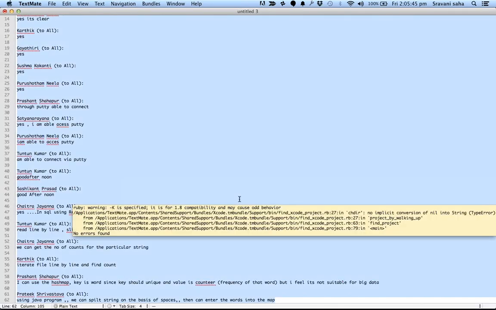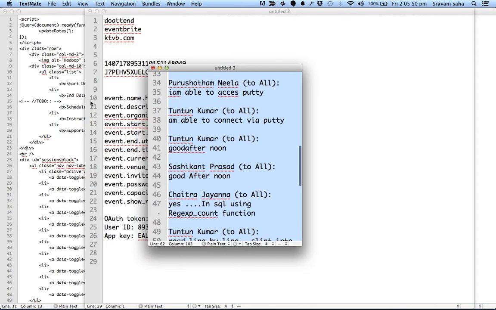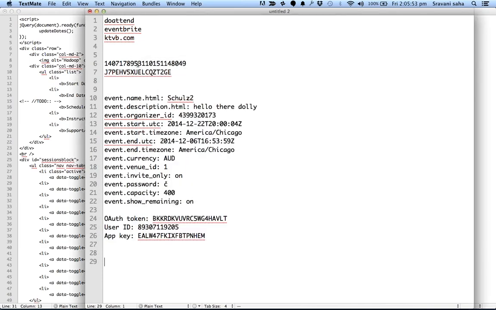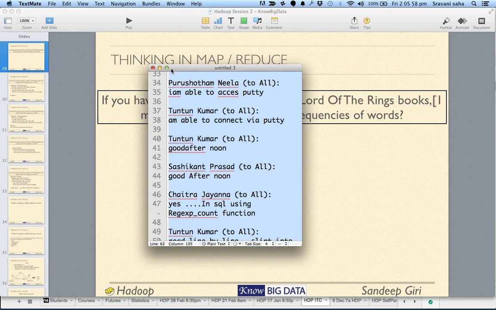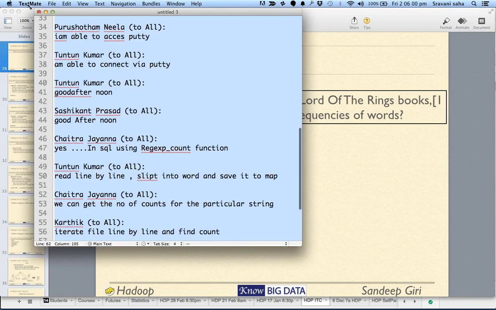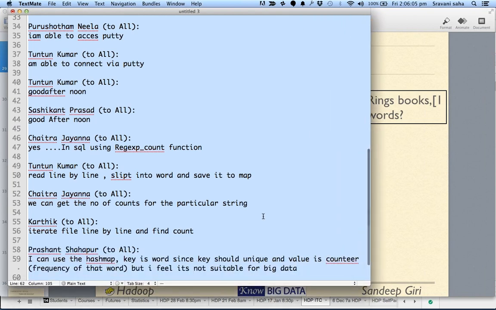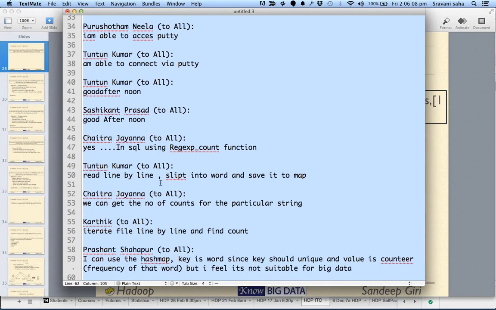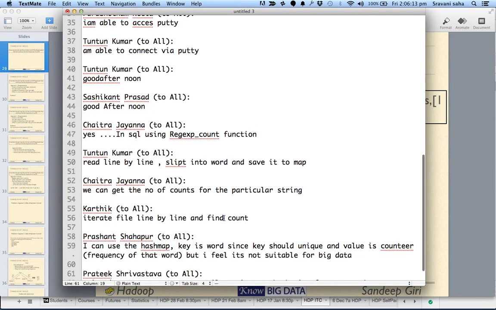Let me just take your solutions out of the window. We can get the number of counts for the particular string using regexp count.